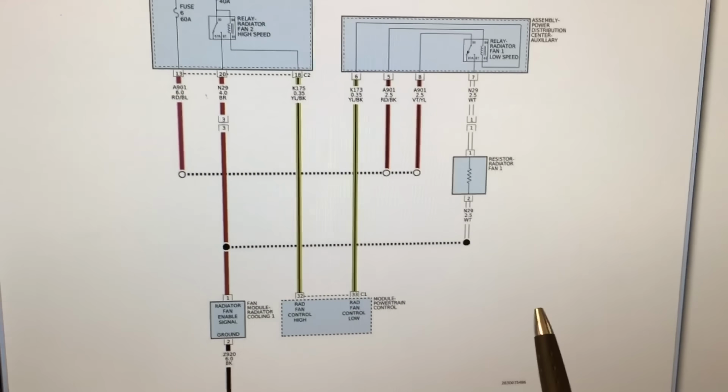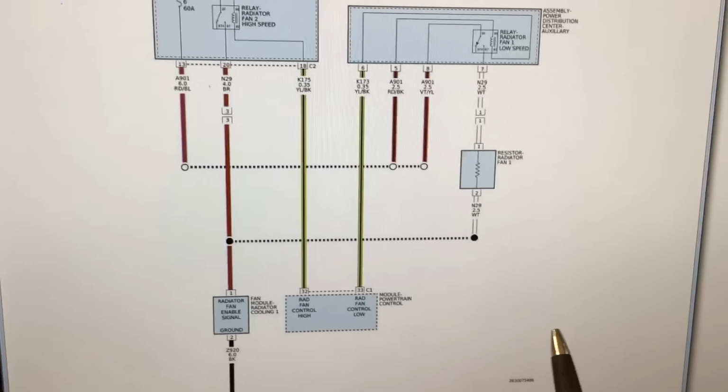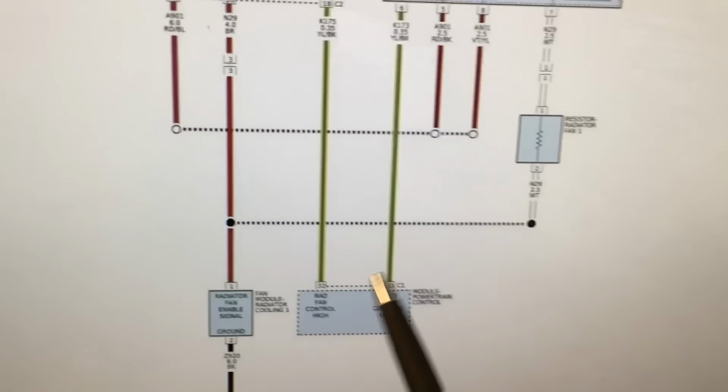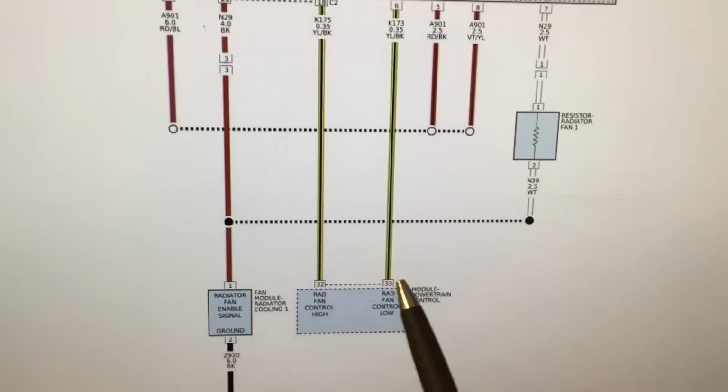Now, as far as the code that we're getting, the way this code gets set is one of two things. If you look down here at these two control wires at the PCM, it's actually watching for a voltage here and here. As soon as you turn the ignition on, there should be power that comes from the battery through this relay that reaches this pin here.